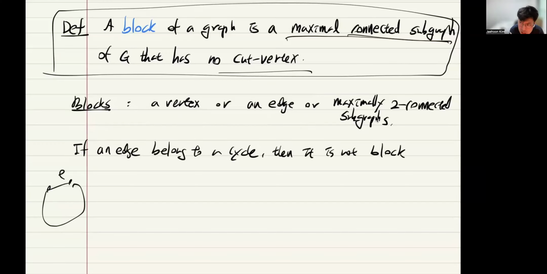So it is a block only if there are no cycles containing this edge. So an edge is a block if and only if it is a cut edge.